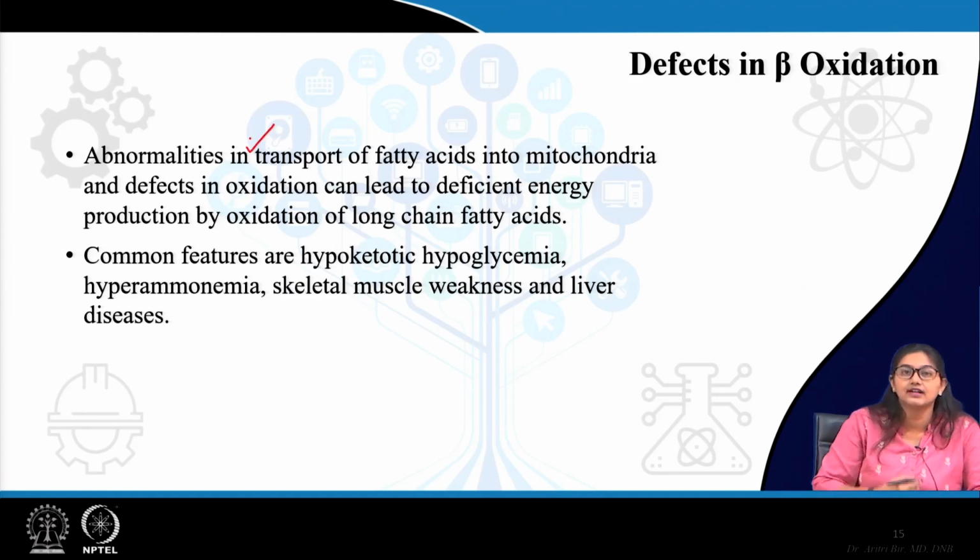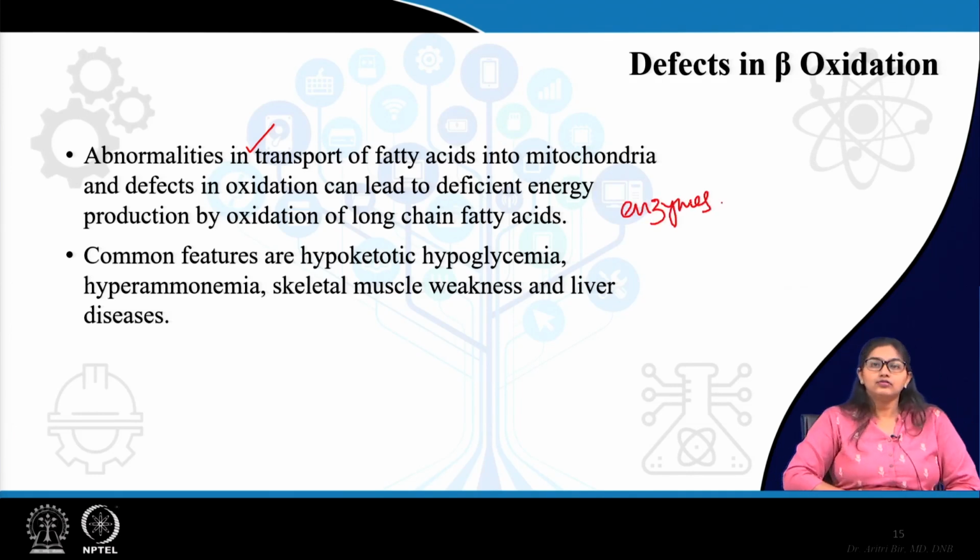Now beta oxidation related defects are either in transport of fatty acid inside mitochondria, or the defect lies in the enzymes. Whenever there is a defect in beta oxidation, there is hypoglycemia, either fasting hypoglycemia or hypoglycemia with excessive exercise.